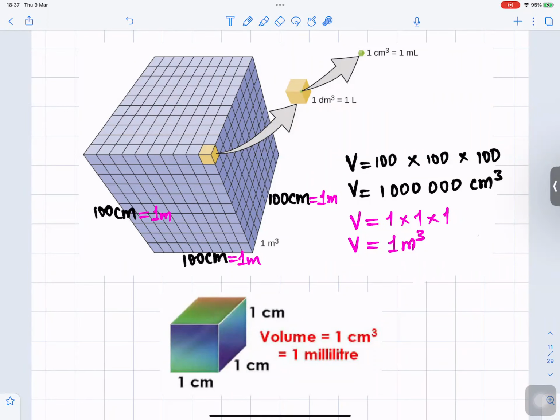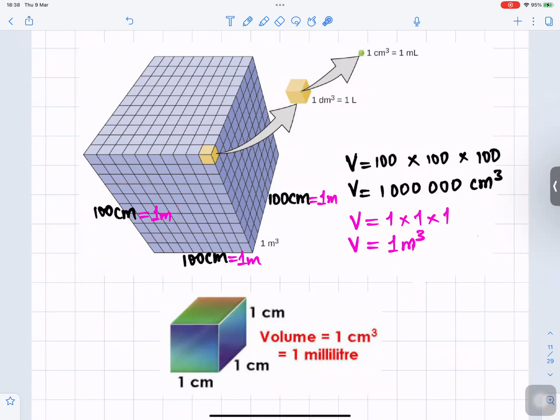So this would help you to understand the conversion. 1 centimeter cube, I've put it at the bottom there. One side is 1 centimeter, the other side 1 centimeter, the height 1 centimeter. So the volume is the length times the width times the height. So 1 times 1 times 1, that gives us 1 centimeter cube. But now in a meters cube, 1 meter is 100 centimeters.